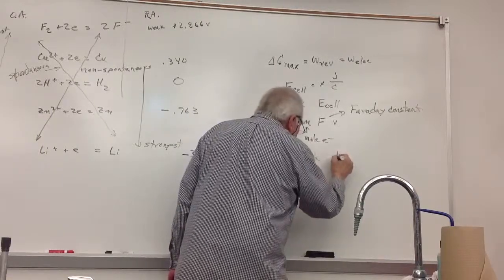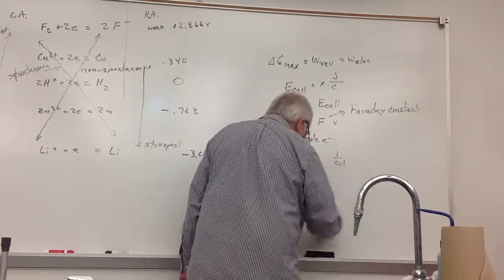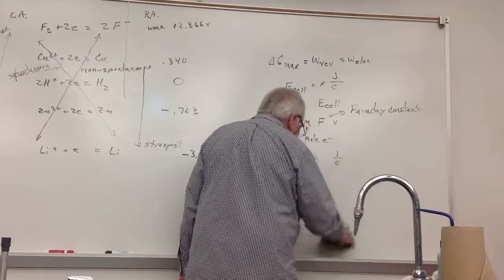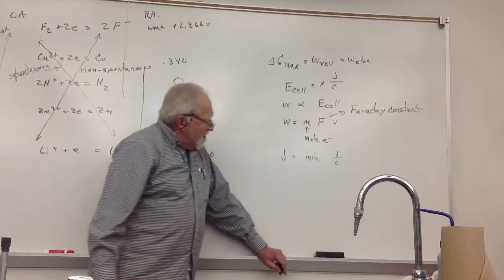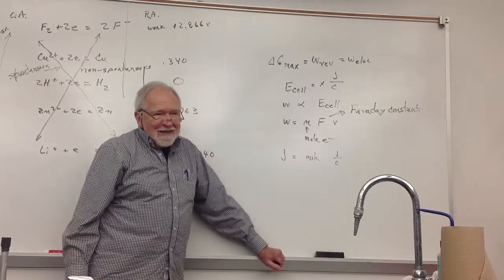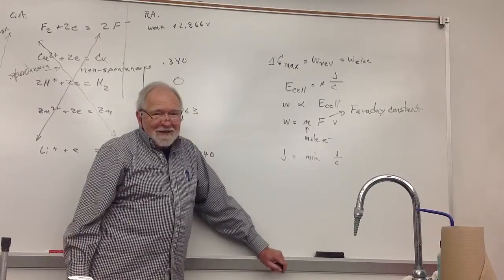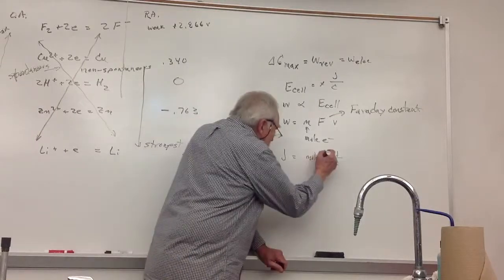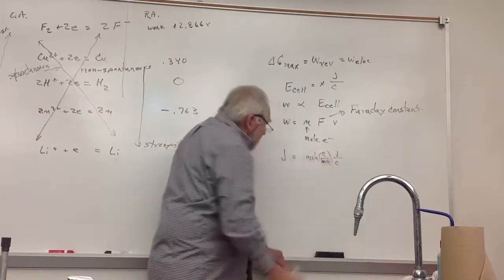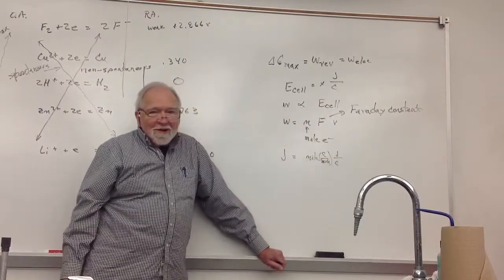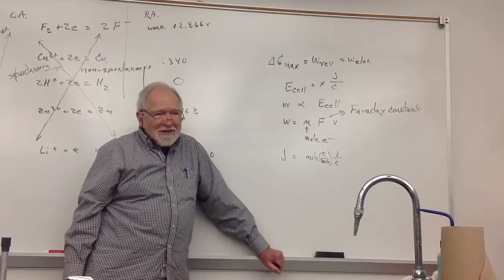Here I have joules per coulomb. Whoops, I'm using the old-fashioned abbreviation, joules per coulomb for voltage. What must the Faraday constant be, unit-wise? It's the number of coulombs per mole of electrons.